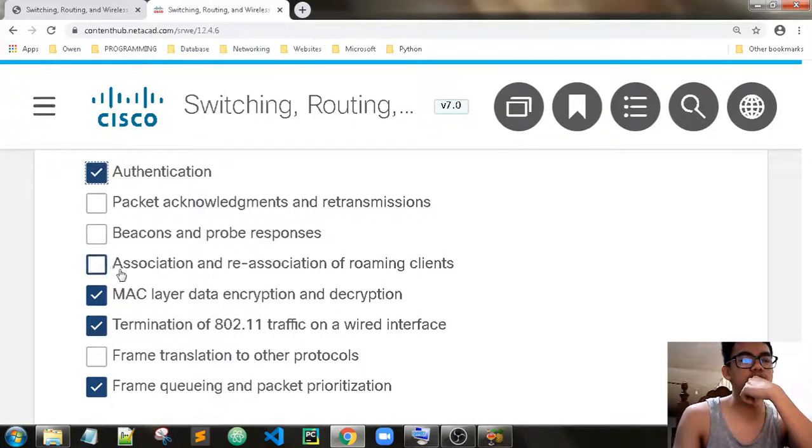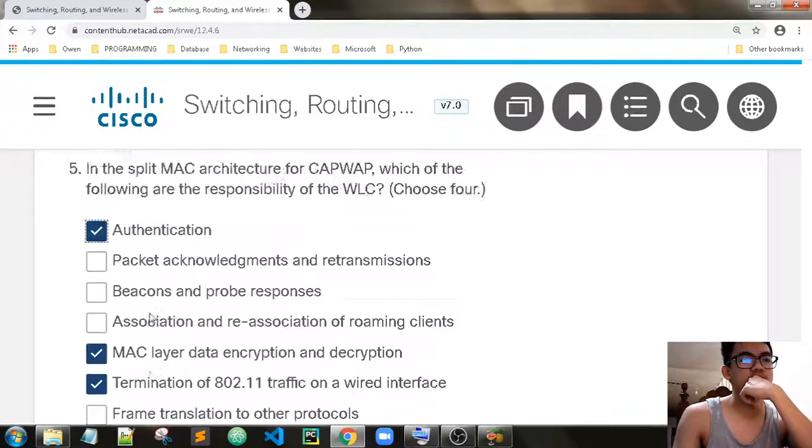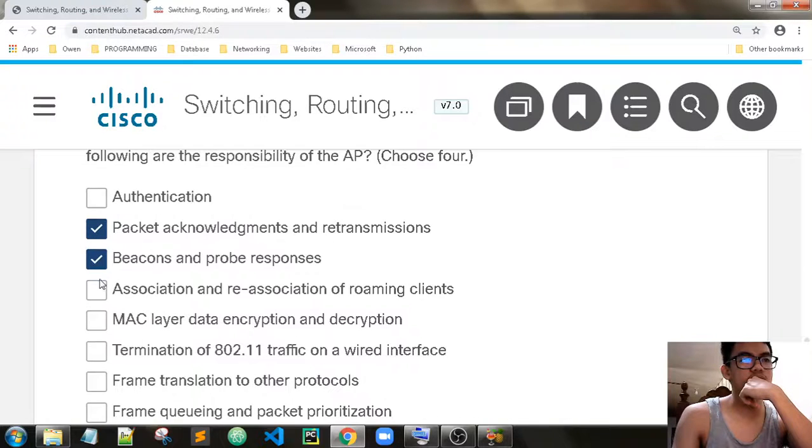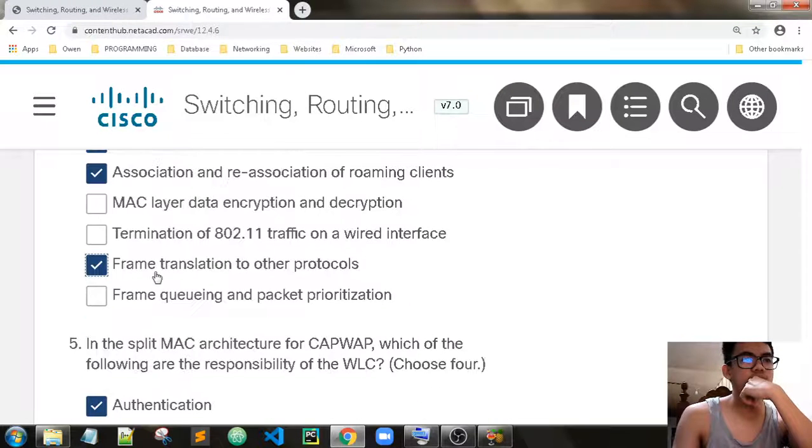I think authentication. Now we have 2, 3 and frame translation to other protocols.